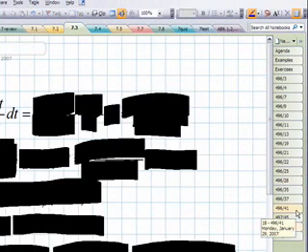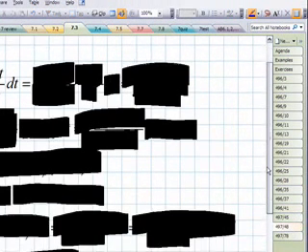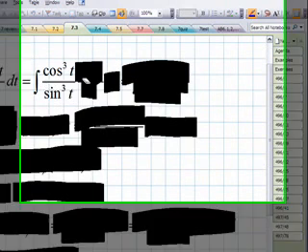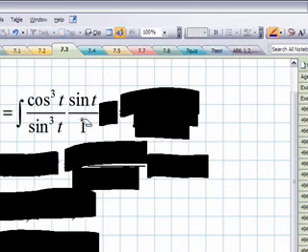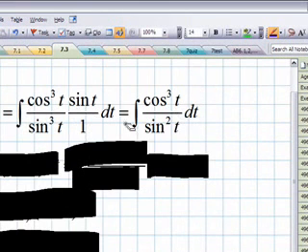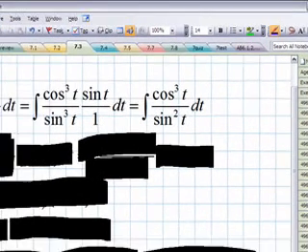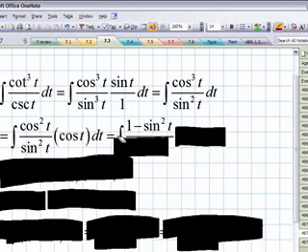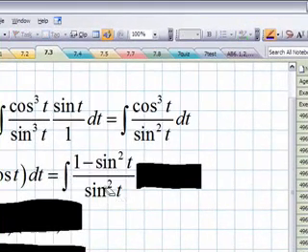Okay, for this one, again, a lot of it is just trying out different things and hoping it works. If it doesn't, try something else. So in this case, I'm changing everything to cosines and sines. So now I have this integral here. Okay, and what I will do is split off a cosine. I will change the cosine squared here to 1 minus sine squared. I imagine there's different ways to set this up with different u substitutions.